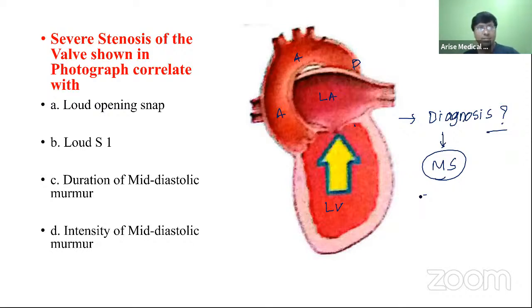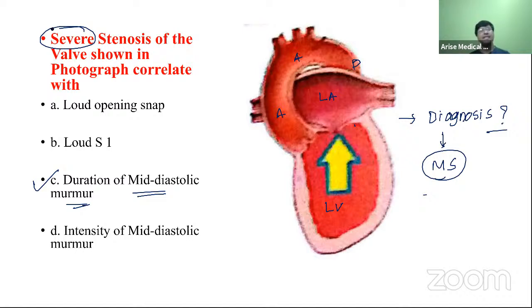Does no one want to make an attempt? Very good, Guludugar, excellent. The answer is the duration of the mid-diastolic murmur, which will correlate with the severity.